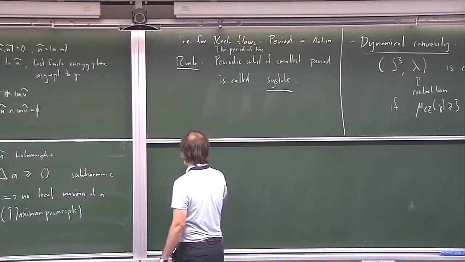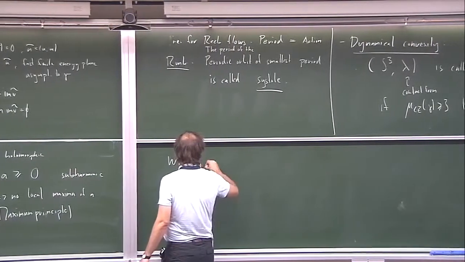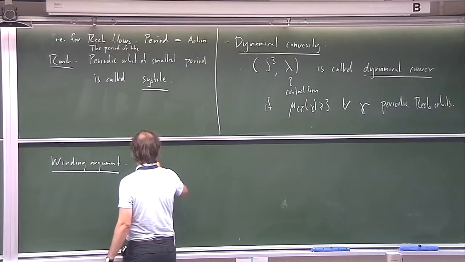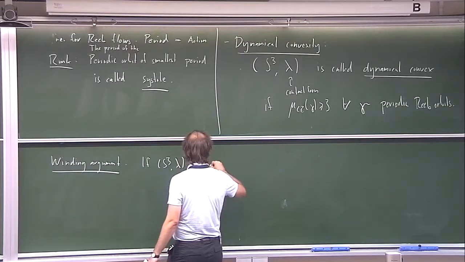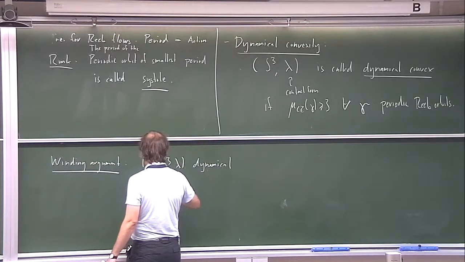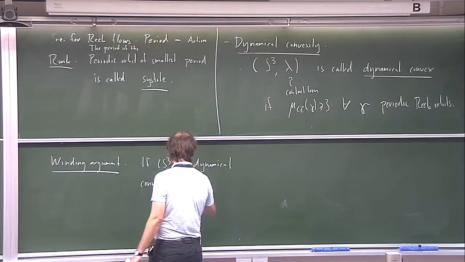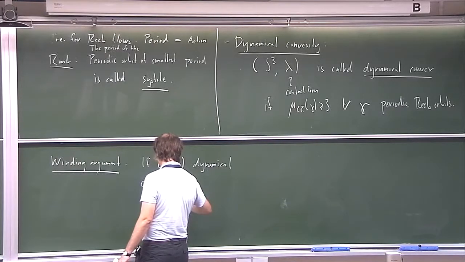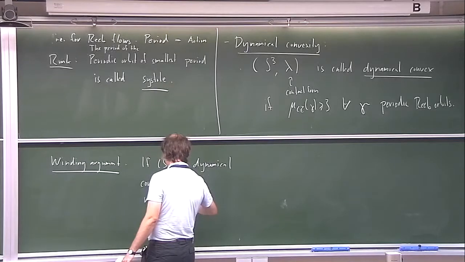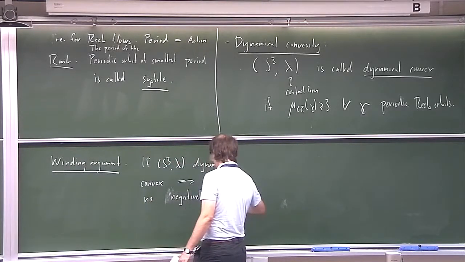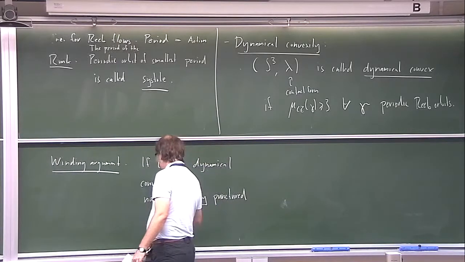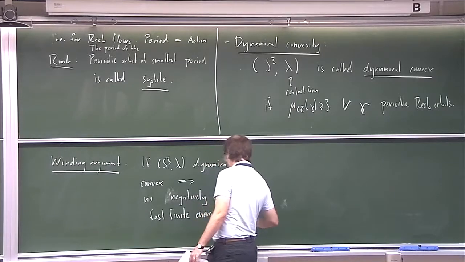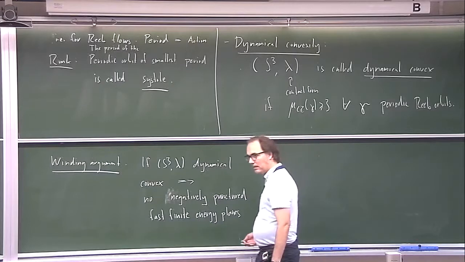So if S3 with lambda is dynamically convex, then there are no negatively punctured fast finite energy planes. And in particular, we have compactness.